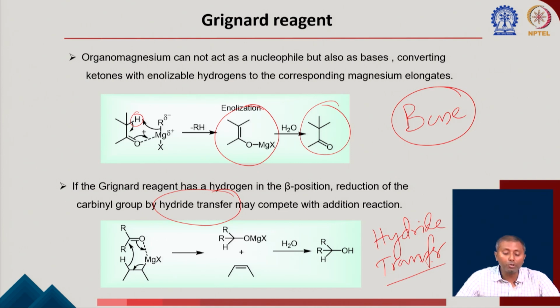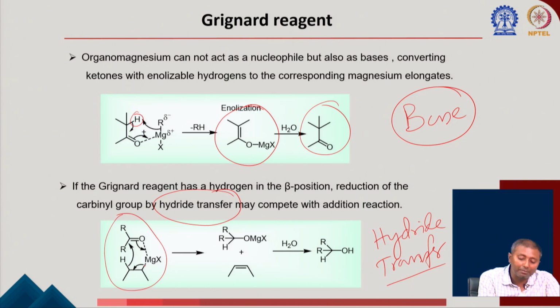So here we also found that in the case of some Grignard reagents, where you cannot go for 1,2 addition, and there is no alpha proton to the carbonyl group to abstract, meaning enolization is stopped, then this is the last thing it can do. It can go for a hydride transfer.